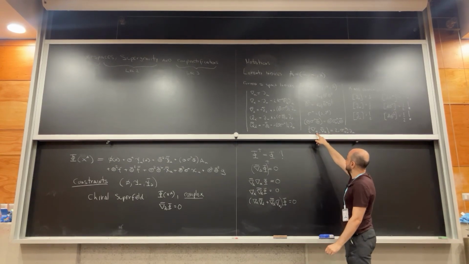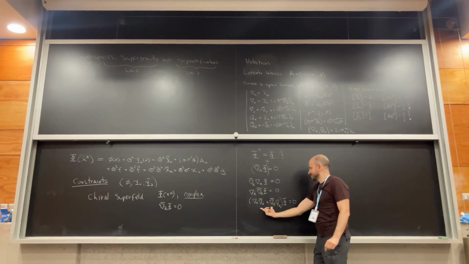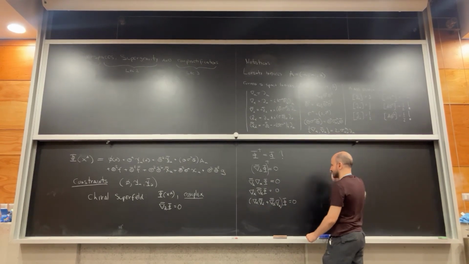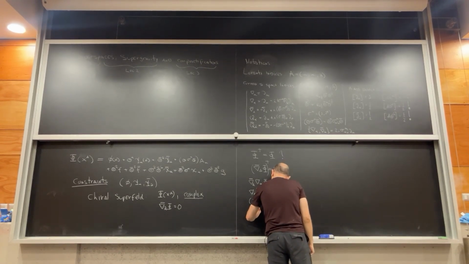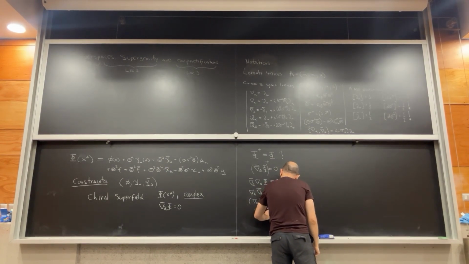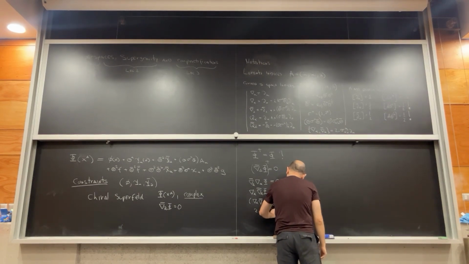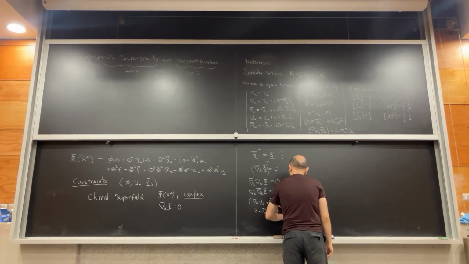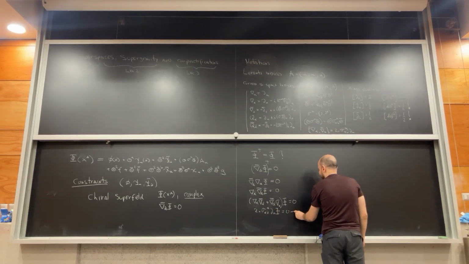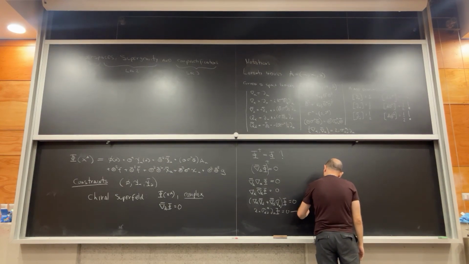So if I replace this in terms of the anti-commutator, I'm going to get that 2i sigma^a alpha alpha prime del_a phi is equal to 0. So this means that phi is just a constant.